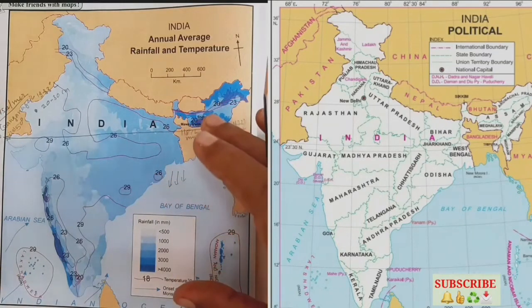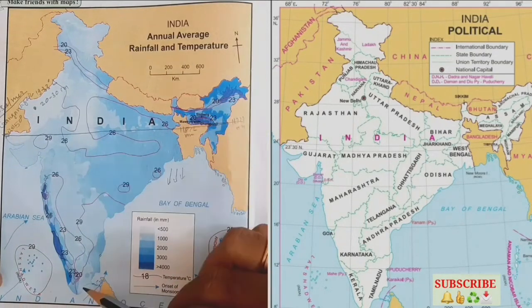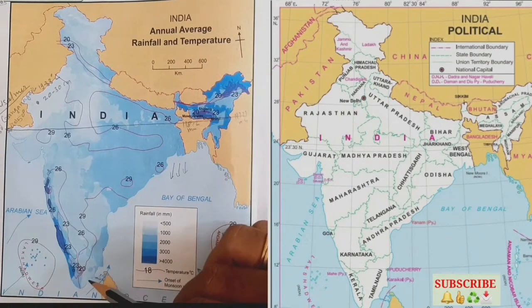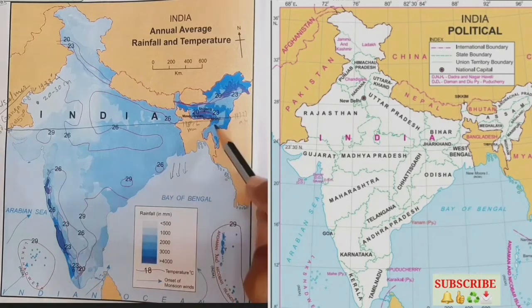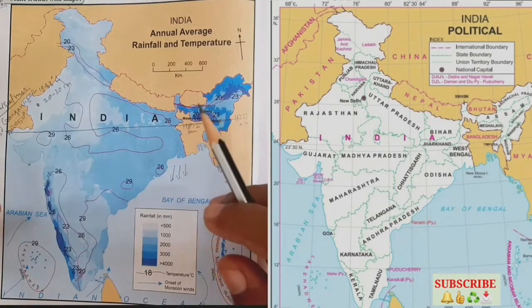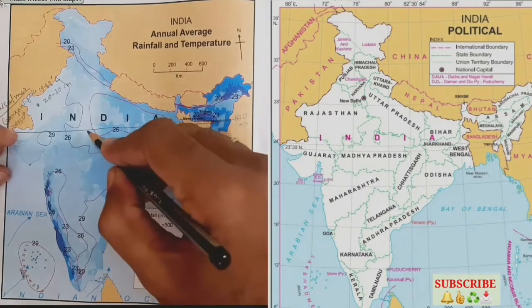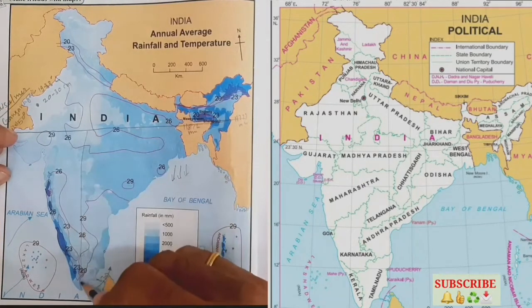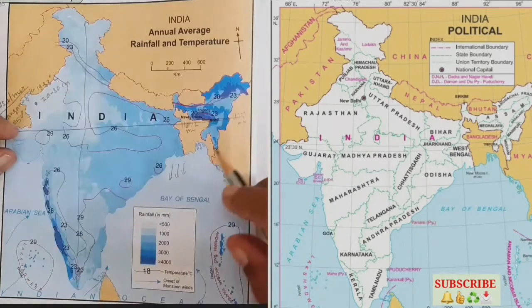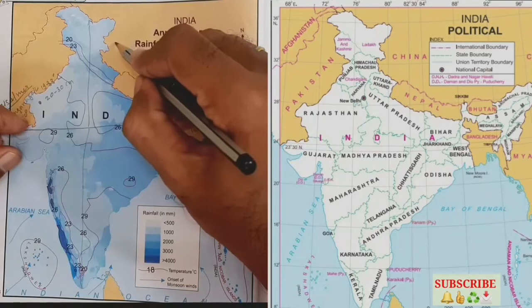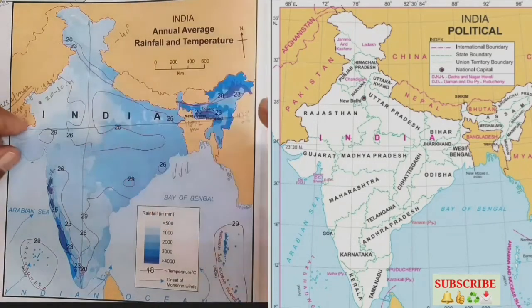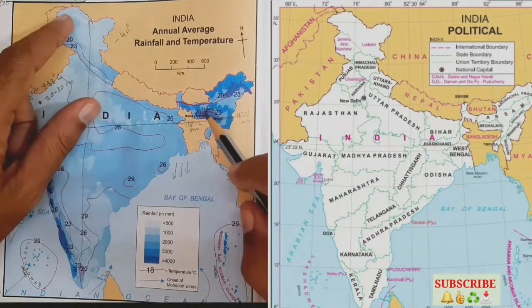It is very important. Why? Because of the location: India is located to the north of the equator, and the Tropic of Cancer passes through India. So because of that, India has higher temperature. But students, as we move towards the northern part, we have the lowest temperature. Sometimes it falls to minus 40 degree in the northern or northwestern part of India.